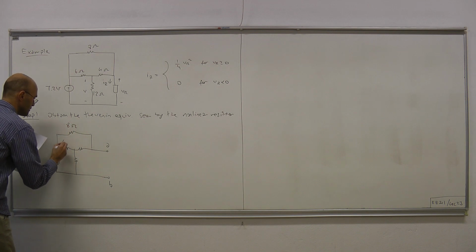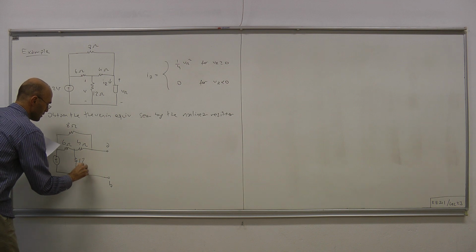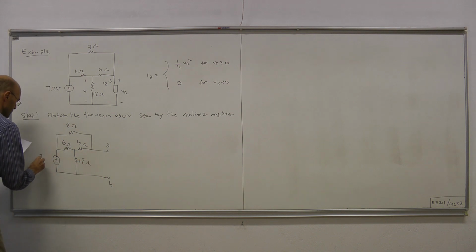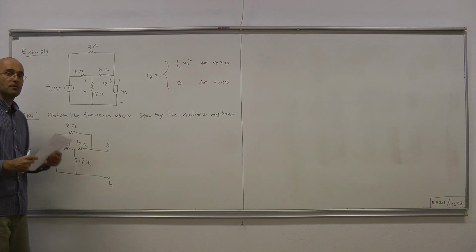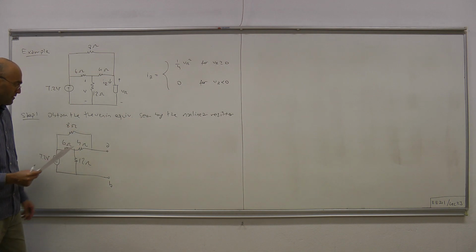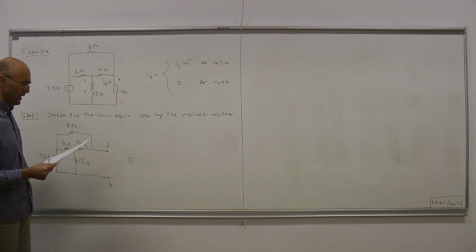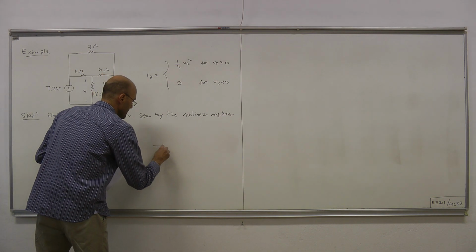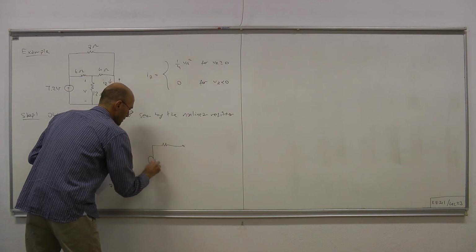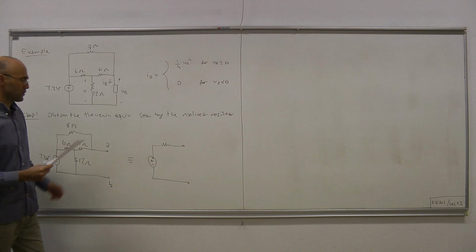It's 8 ohms, 6 ohms, 4 ohms, 12 ohms, and this is 7.2 volts. This LTI one port will have a Thevenin equivalent circuit. We have seen many examples. It has the following structure.